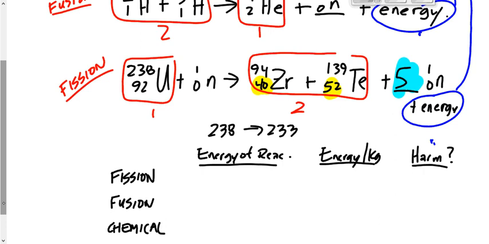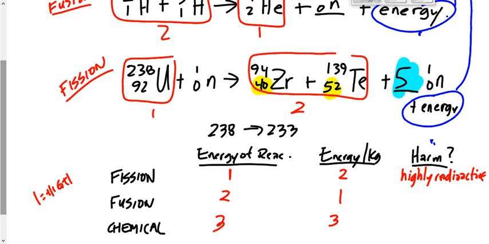Fission, number one is always high for us. The energy of the reaction of fission is the highest, but if you have equal amounts of fuel, fusion is the highest. And the chemical reaction is always a distant third. Fission, the products are highly radioactive. And fusion, the products are relatively harmless.